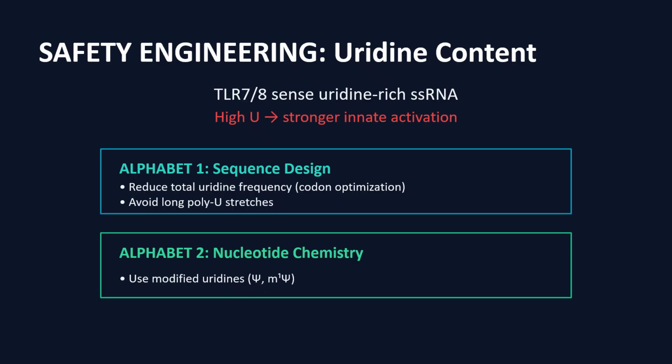Second, nucleotide chemistry. So even if uridine remains in the sequence, replacing it with modified forms like pseudouridine or N1-methyl pseudouridine, I mean during the IVT of course, dramatically reduces immune recognition.